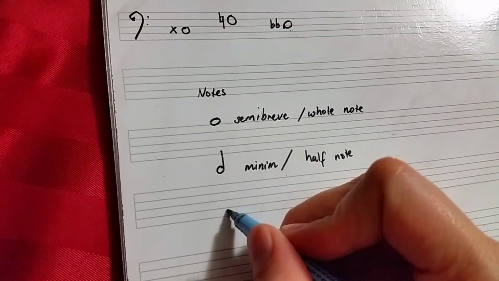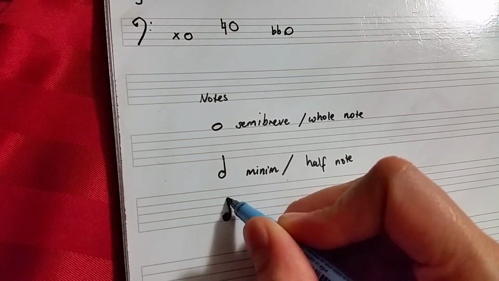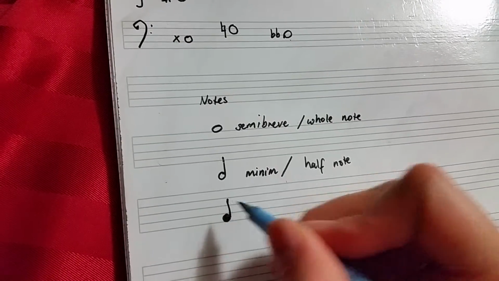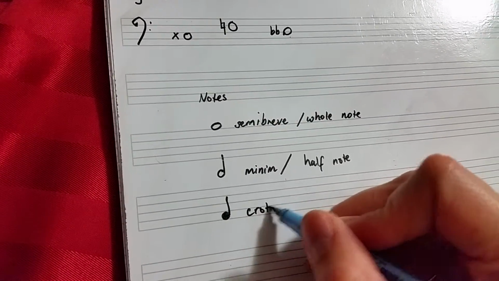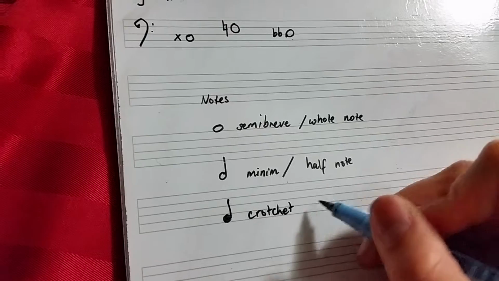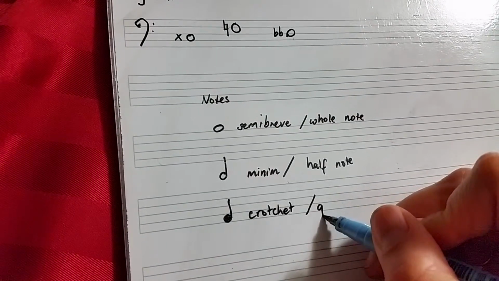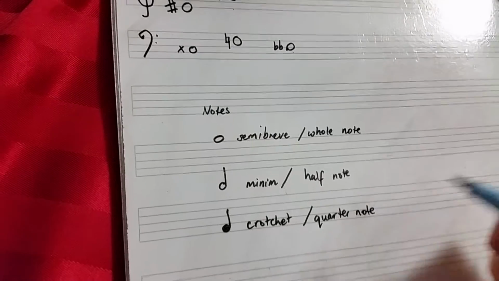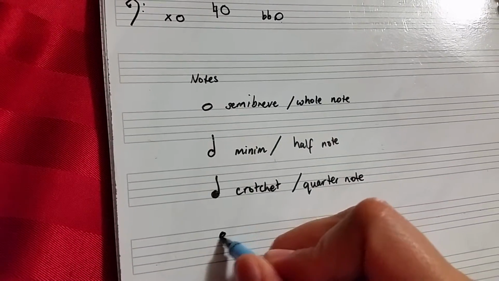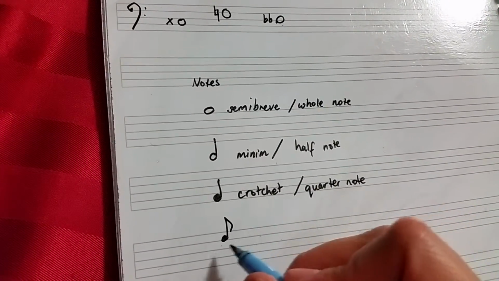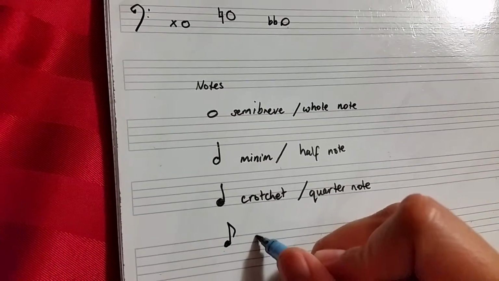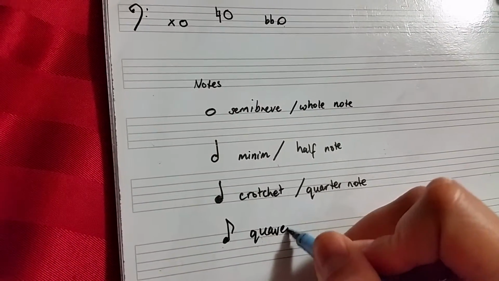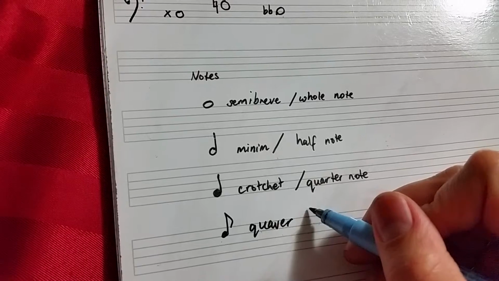Then you have the crotchet, which is a coloured in note with a stem. And the Americans call it the quarter note. Then you have the quaver, which is a crotchet with a tail. Quaver.